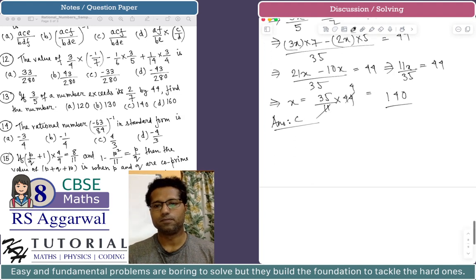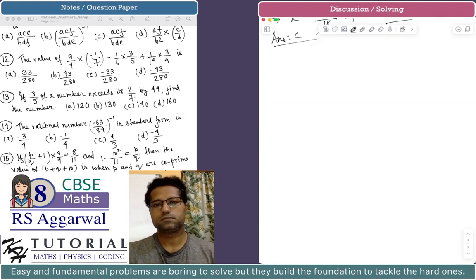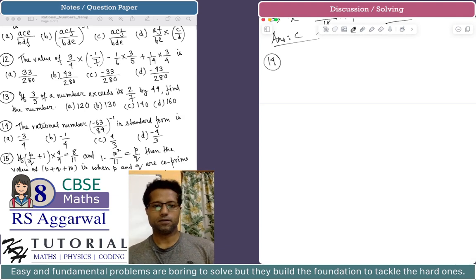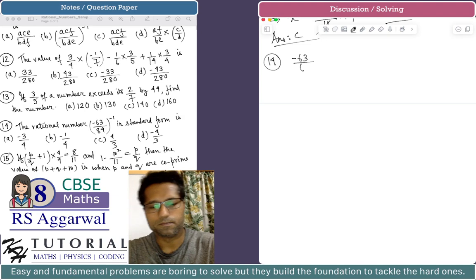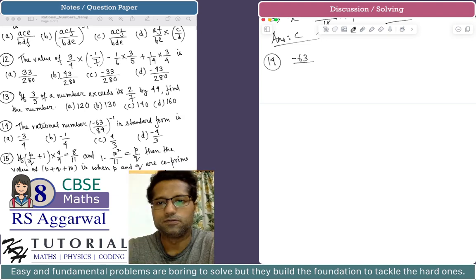Okay, let's do problem number 14. The rational number minus 63 by 84, its reciprocal in standard form is... Okay, so we are given the rational number minus 63 by 84, and we need its reciprocal. Its reciprocal is nothing but 84 by minus 63.